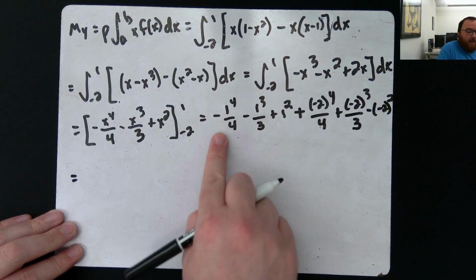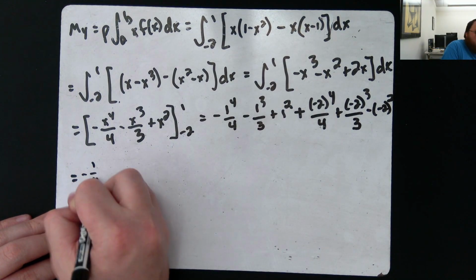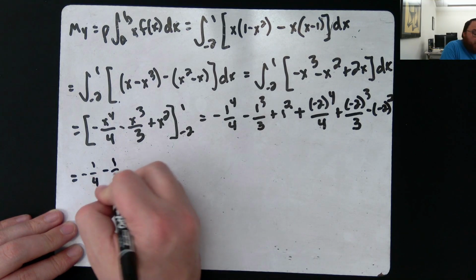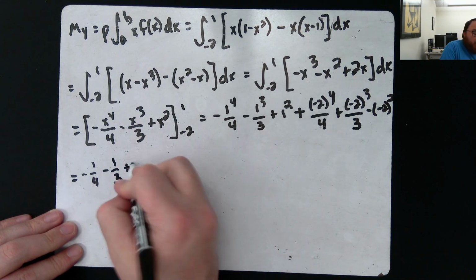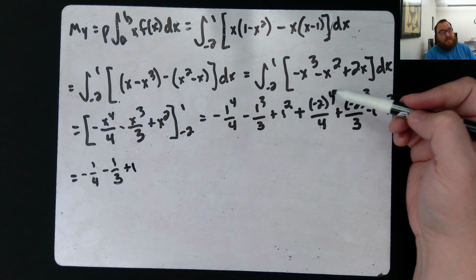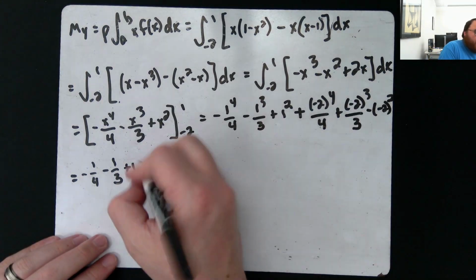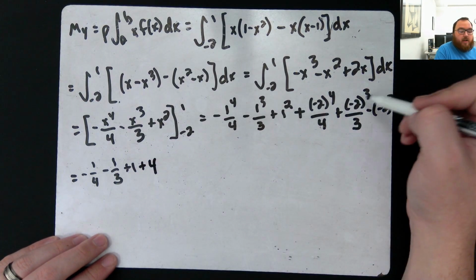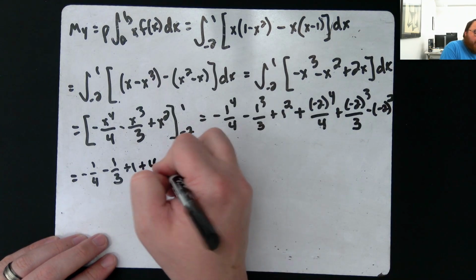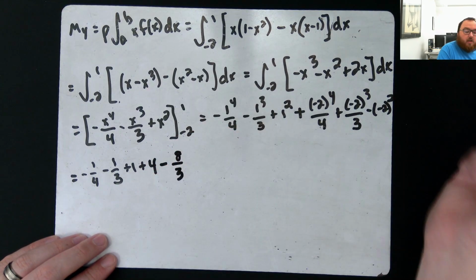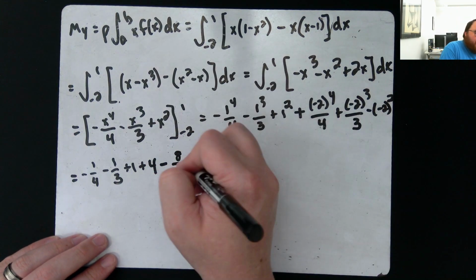So that's going to give me negative 1/4 minus 1/3 plus 1. Negative 2 to the 4th is 16. 16 over 4 is 4. Negative 2 to the 3rd is negative 8, so negative 8/3. Negative 2 squared is 4, so that's minus 4.